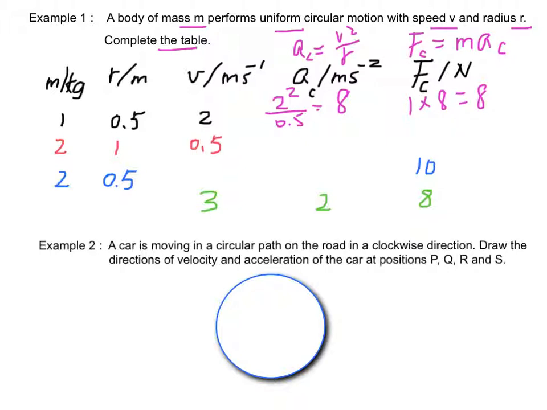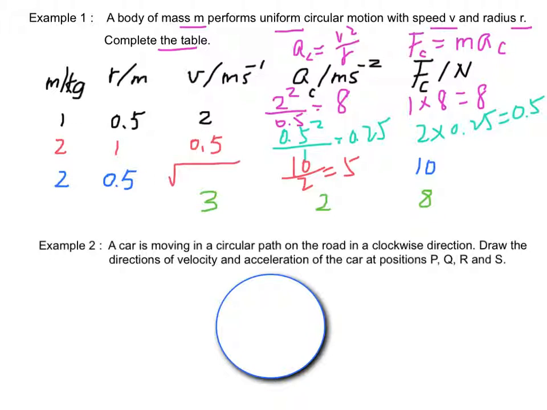For the next one, a equal to 0.5 squared over 1, which is 0.25. F equal to 2 times 0.25 equal to 0.5 Newton. For the last one, a equal to F over m, which is 10 over 2, equal to 5. And v squared equal to r times a. Therefore, v equal to square root of ra, which is 0.5 times 5.